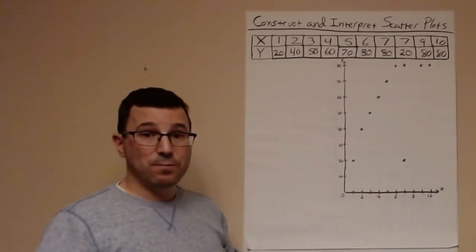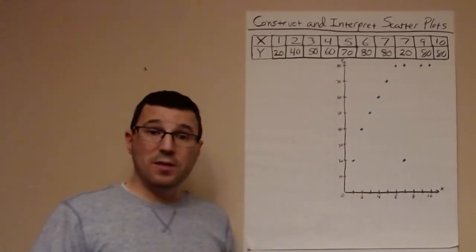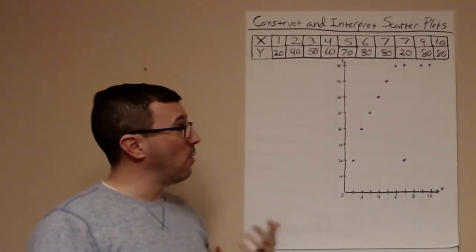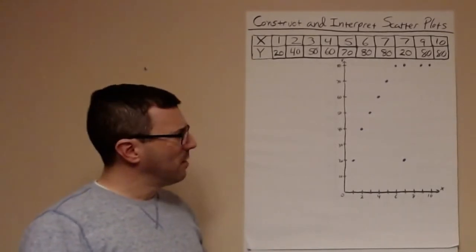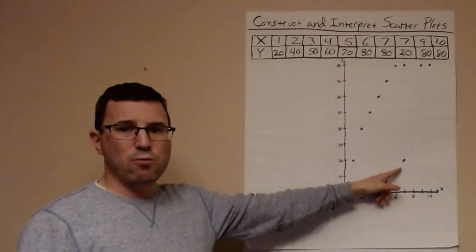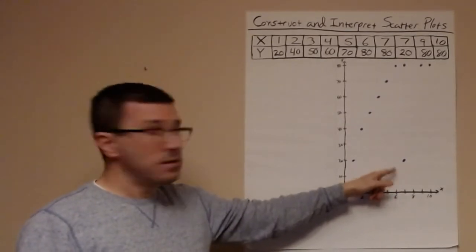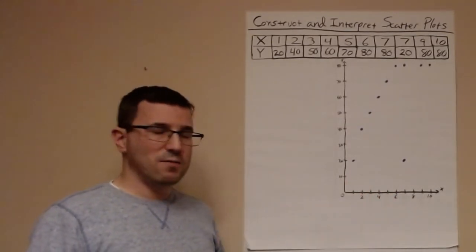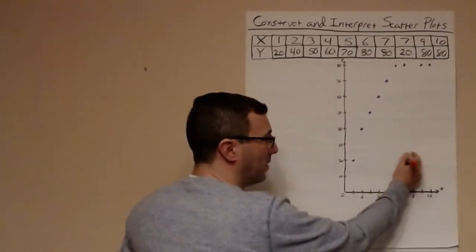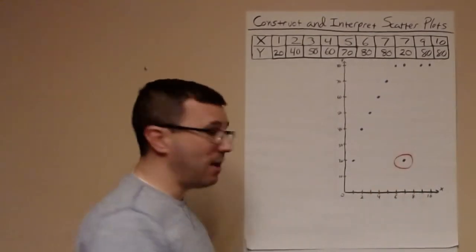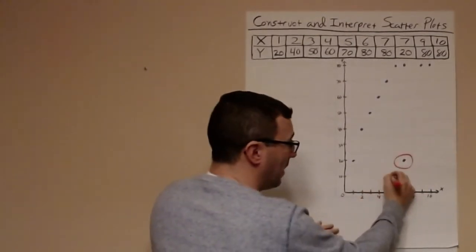There's a couple of things we have here, though, that we want to discuss. The first thing is this random guy over here doesn't fit the rest of the data. That guy right there is known as an outlier.